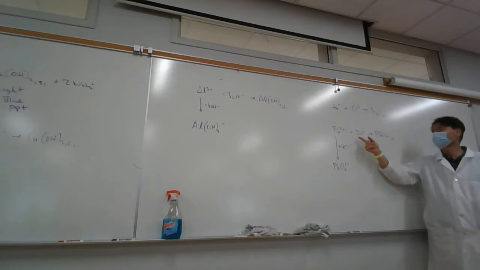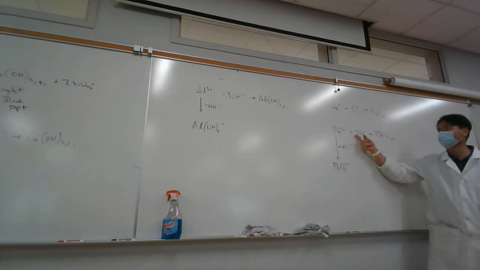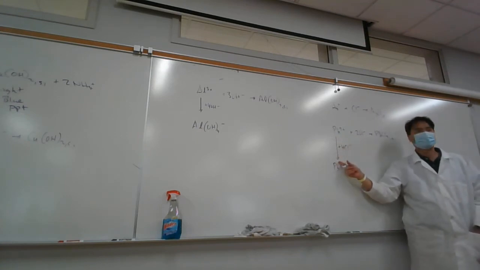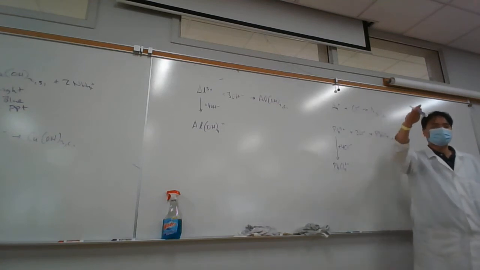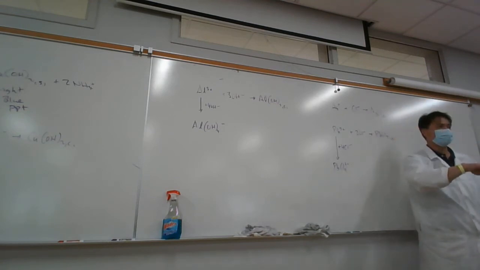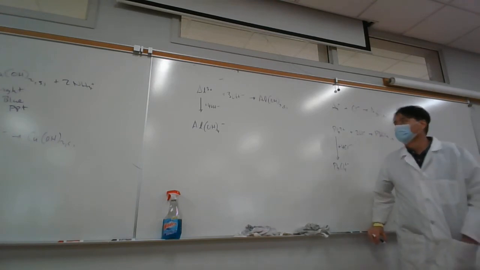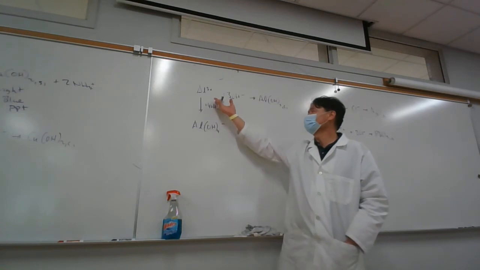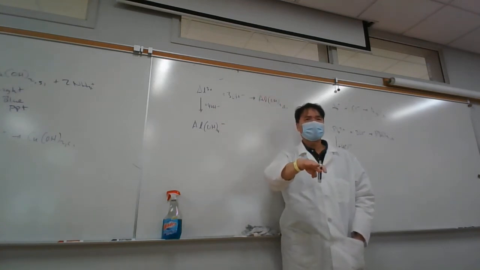With the right amount of chloride, I got PbCl2. With excess chloride, I'm going to go down this alternate path where I have complex formation. So the precipitate is going to form and then disappear as I continue to add chloride. Here, the same thing.